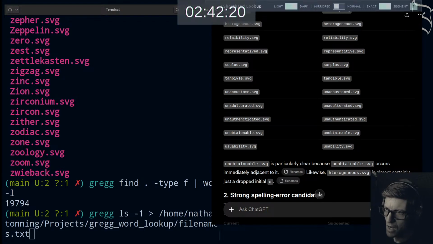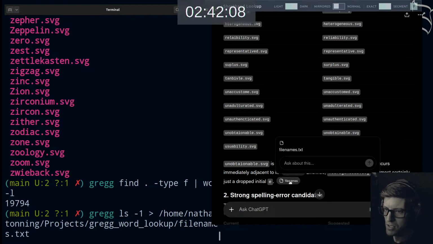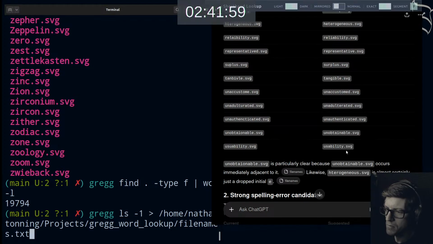So over here, in the file names.txt, I uploaded that file to ChatGPT. It did a quick read to determine what file names needed to be changed, that were either misspelled or that are archaic in their form.